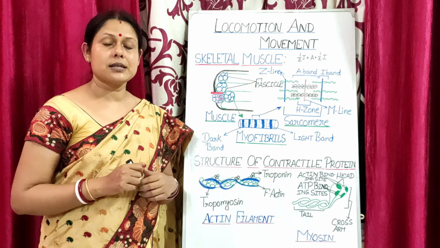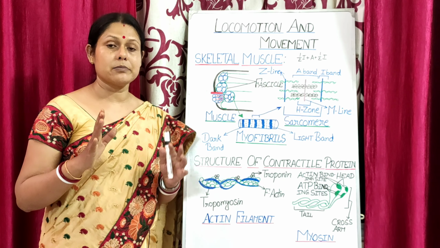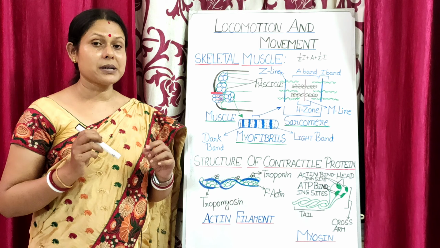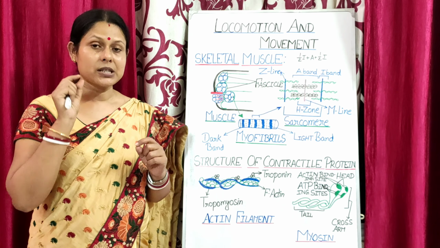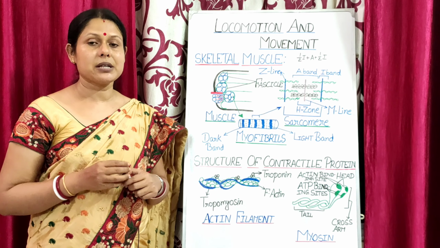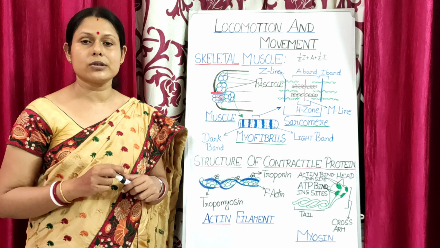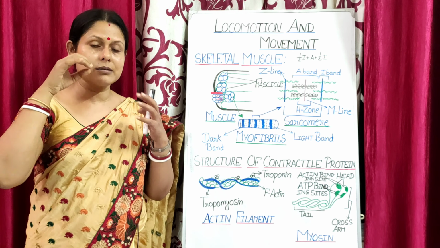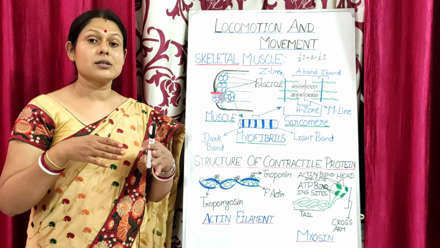Now what happens is that when the central nervous system, by means of the motor neuron, gives a signal to the muscle which is in contact with the terminal endings of this neuron, it releases a chemical substance, we all know, called the neurotransmitter, which is acetylcholine. Now when this acetylcholine comes in contact with the sarcolemma, there are certain zones, T zones, through which it enters into the sarcoplasm.